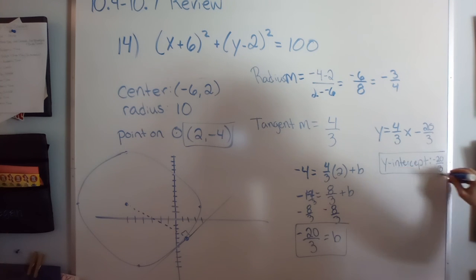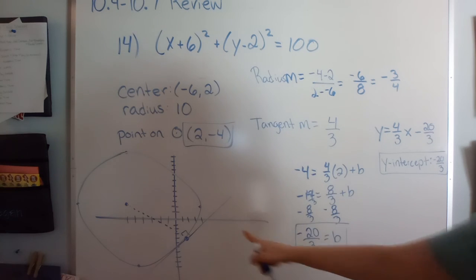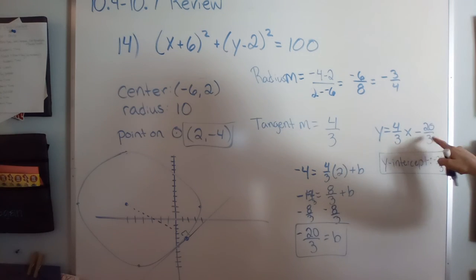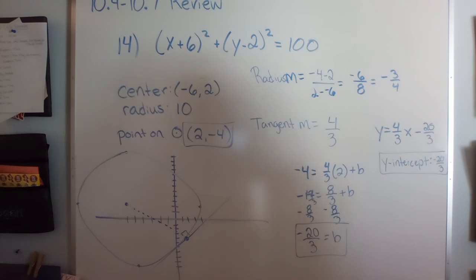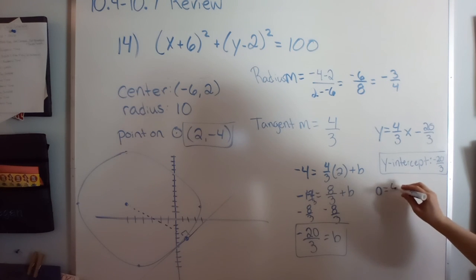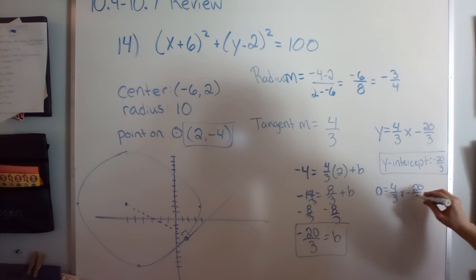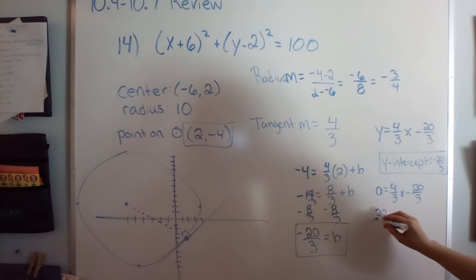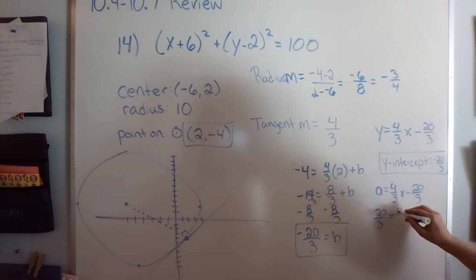Now, you're also asked for the x-intercept. Well, the x-intercept has a y value of 0. So I can take this equation, substitute 0 in for y, and solve for x. I'm going to have 0 equals 4/3 x minus 20/3. I'm going to add 20/3 to the other side. So 20/3 equals 4/3 x.